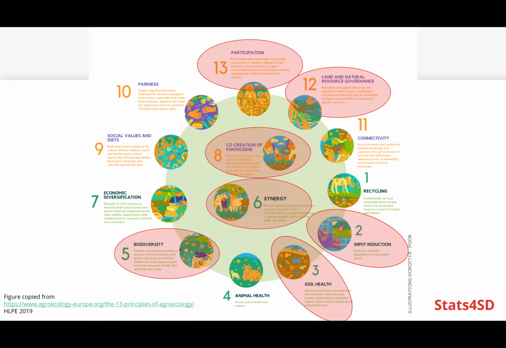The Spodoptera, the fall armyworm, has one of its stages in the soil, and they are looking at soil management practices to try to see how they affect the population of Spodoptera. This is combined with input reduction because of the negative consequences that inputs have on natural enemies. And it is looking in general at land and natural resource governance.